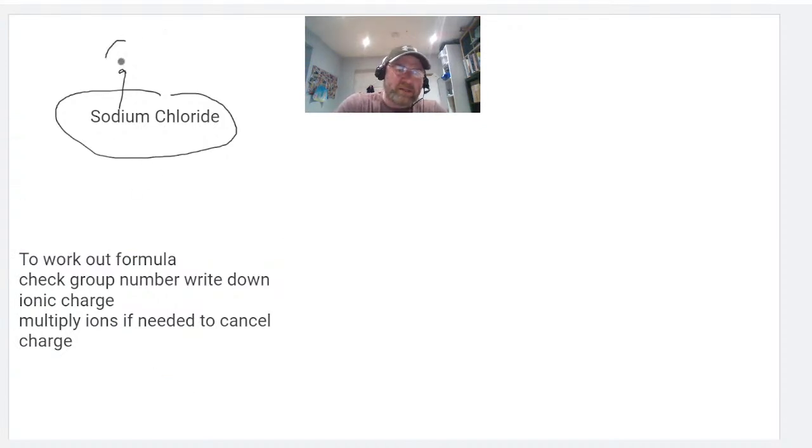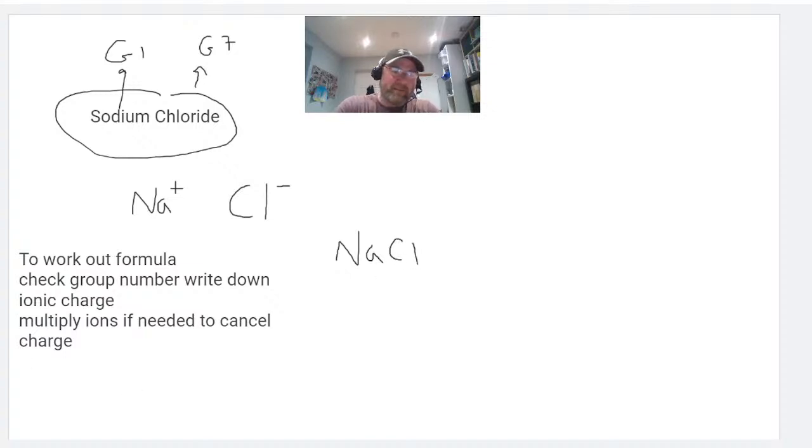If I know that sodium is in group 1 and chlorine is in group 7, all metals form positive ions. They don't form negative ions. So sodium will be +1 and chlorine will form -1. They cancel each other out beautifully. So the formula of sodium chloride is NaCl.